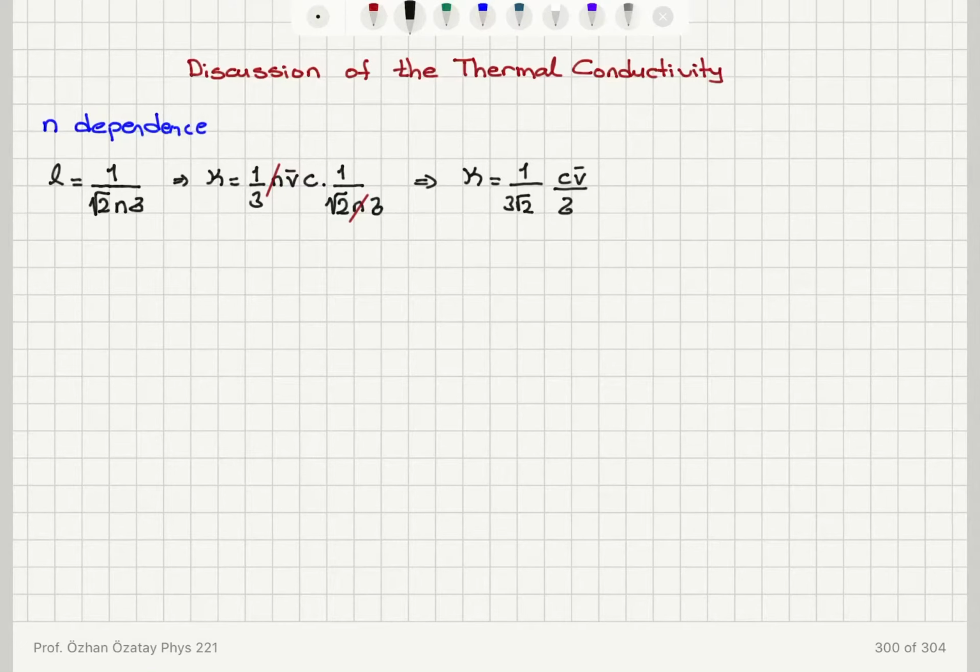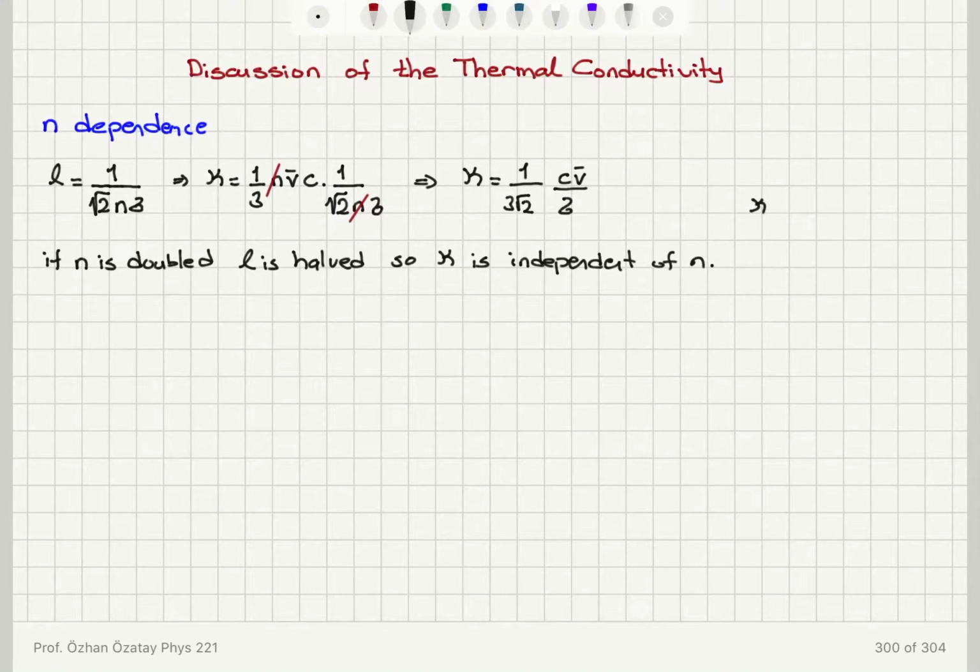So if n is doubled, you will see that the mean free path is halved, so kappa at the end is independent of n.